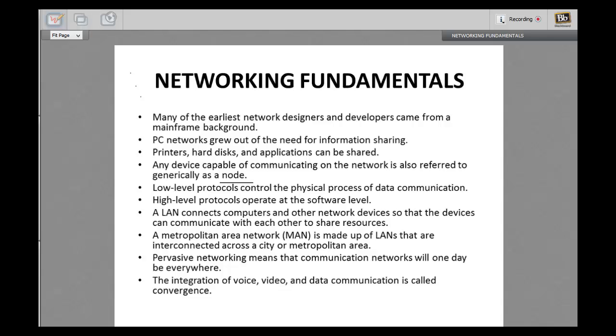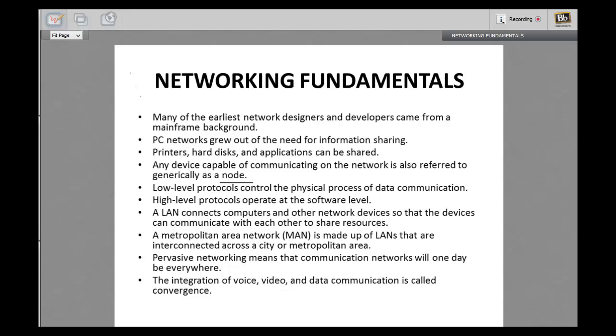And now we also came to the concept of pervasive networking, which means that communication in networks has become everywhere. In other words, many devices now can be part of the network, such as mobile devices, and even smaller devices than mobile devices can be part of a network.